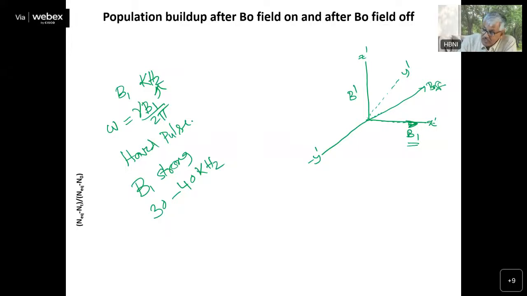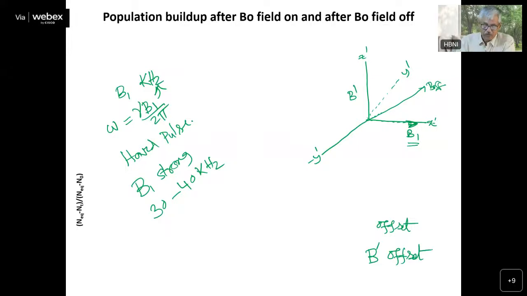And your B1 prime comes from your offset. You have a spectrum where all the frequencies are not the same; they cannot all be in resonance at the same time. They will have either lower rotational frequency or higher rotational frequency, so we call them an offset. So B prime is coming from offset.